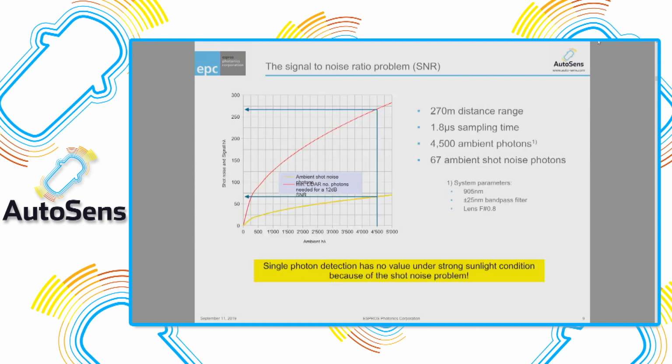Going back to that slide, for example, if we collect in this 1.8 microsecond sampling time 4,500 ambient photons, they represent 67 ambient shot noise photons. So the fluctuation of these 4,500 on top is 67.